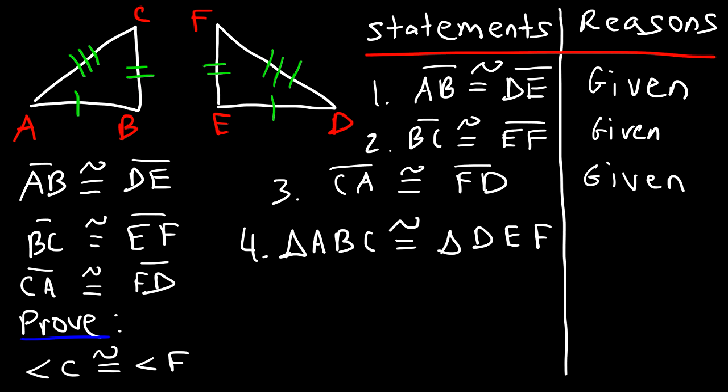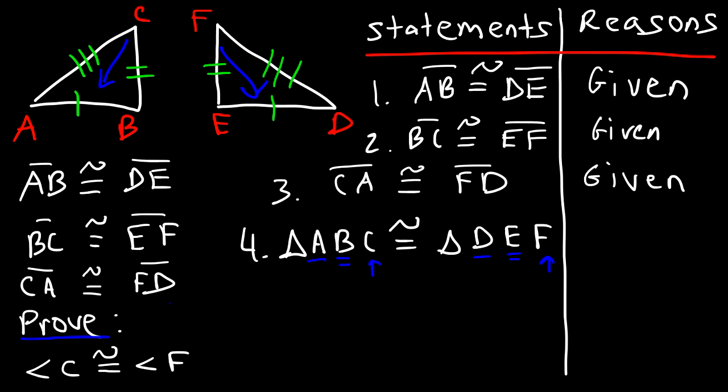So A has to match up with D. B is opposite to the side with 3 tick marks. The same is true with E. So when saying two triangles are congruent, B has to match up with E. F is across the side with 1 tick mark, and C is across the side with 1 tick mark. So C and F correspond to each other.